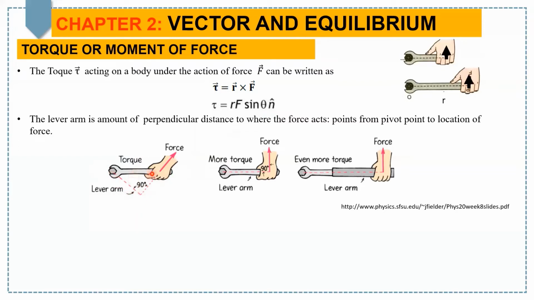If we have a force at some angle theta with the handle of the spanner, we have two ways to solve the problem. The first way is to resolve the force into its components. And the second way is to resolve the lever arm into its components. We will discuss both cases in detail on the next slide.